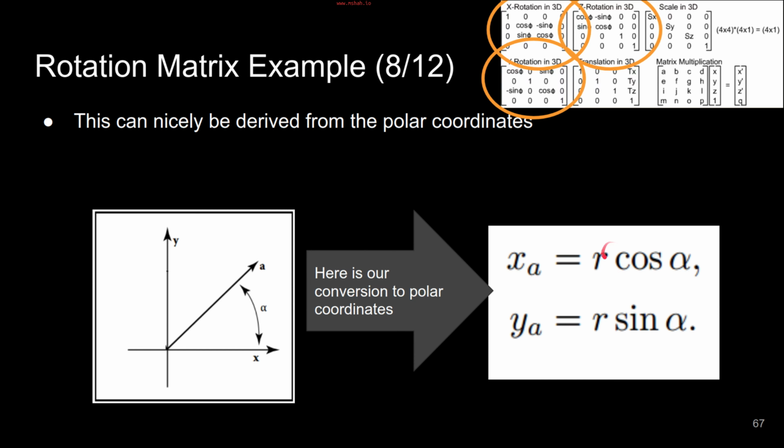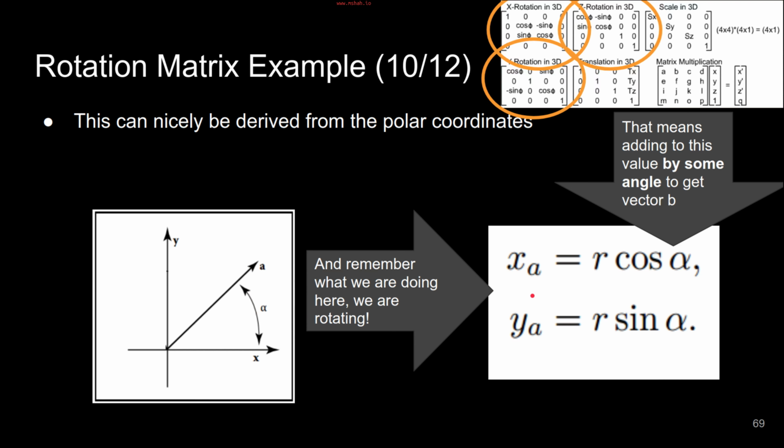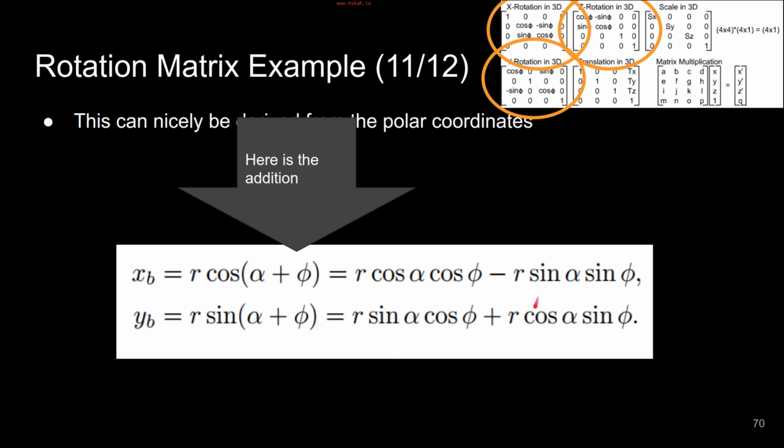Whatever our magnitude was, square root of 2 in the previous example, and then the angle that we are trying to rotate by, the angle of A that we're rotating. Okay. So this is our rotation, and whatever the result of this is, well, we can do the conversion back into Cartesian space and get our new x and y values.